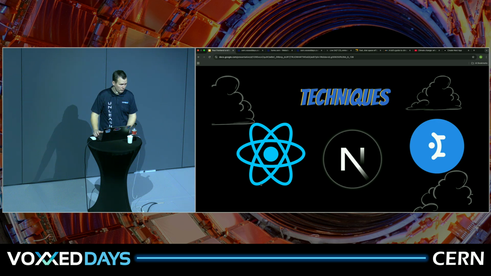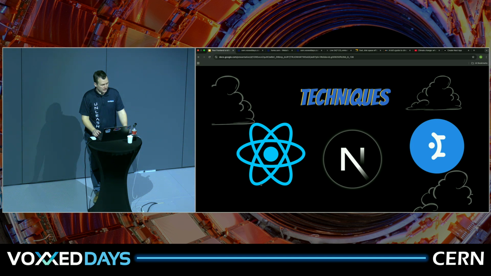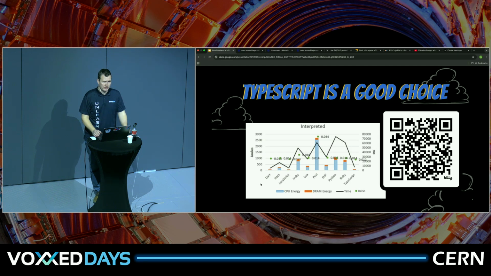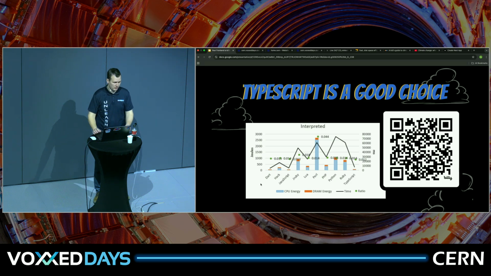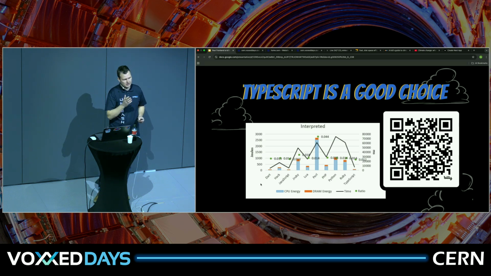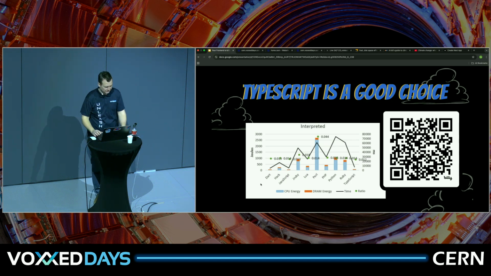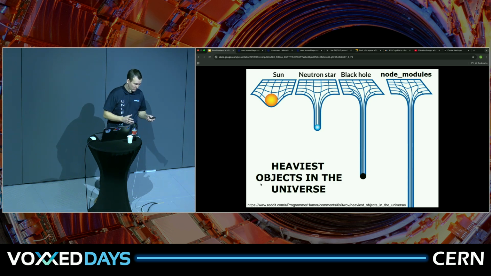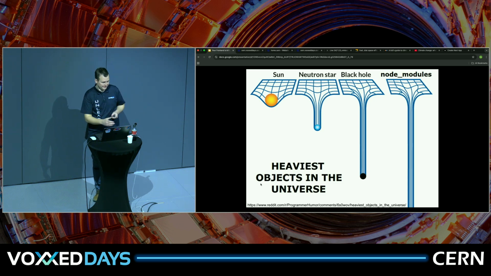And we are going to create an application with that, with React, with Mantine and npm. And TypeScript, by the way, is also a good choice. There is already some research that you can use TypeScript, and it's a good choice. And if you look at this one, you have the sun, the neutral star, the black hole, and then you have node modules.